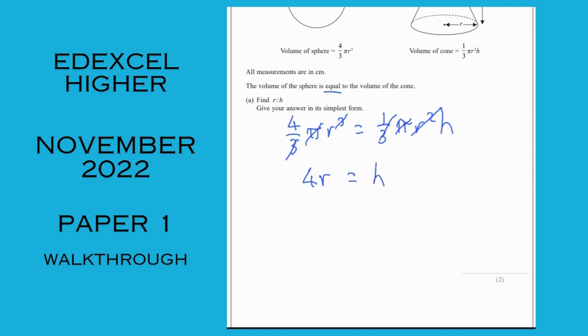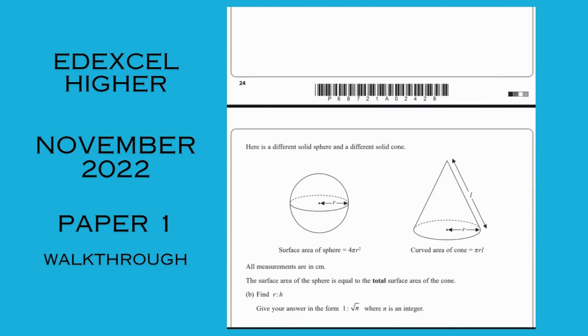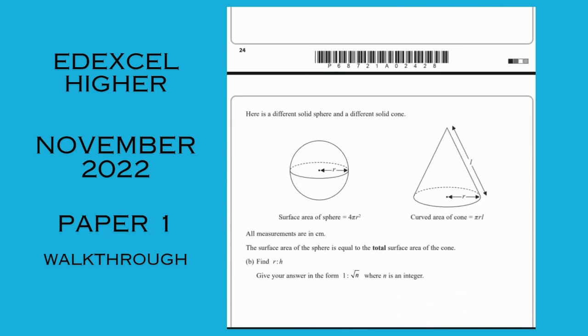Oh, so in other words, h is 4 times bigger. You need to multiply r by 4 to get h. So r is the smallest number. So to write r first, h is 4 times bigger. And it'll be a similar approach for part B, with a bit more to it.